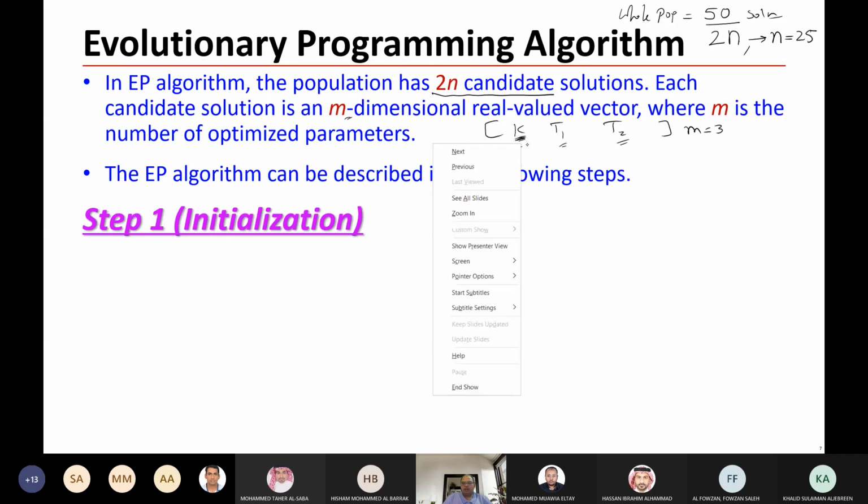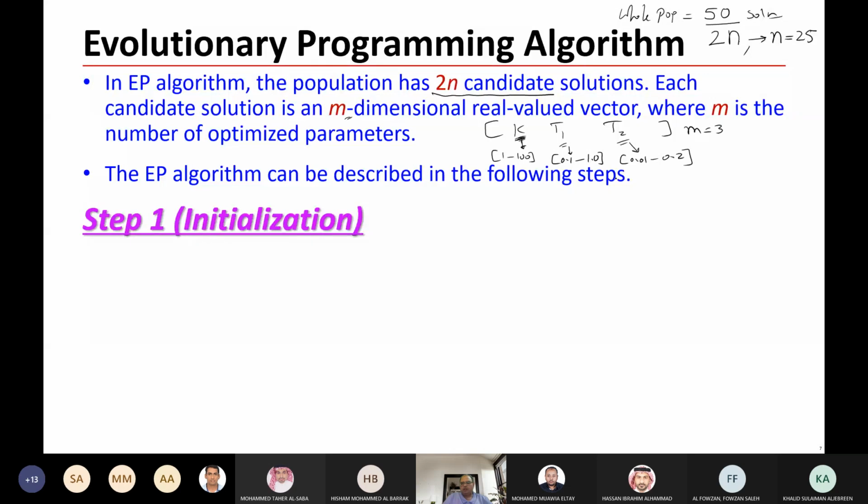For example, K ranges between 1 and 100. For T1, for example, you put 0.1 to 1. And for T2, you have the range of 0.01 to 0.2, for example.